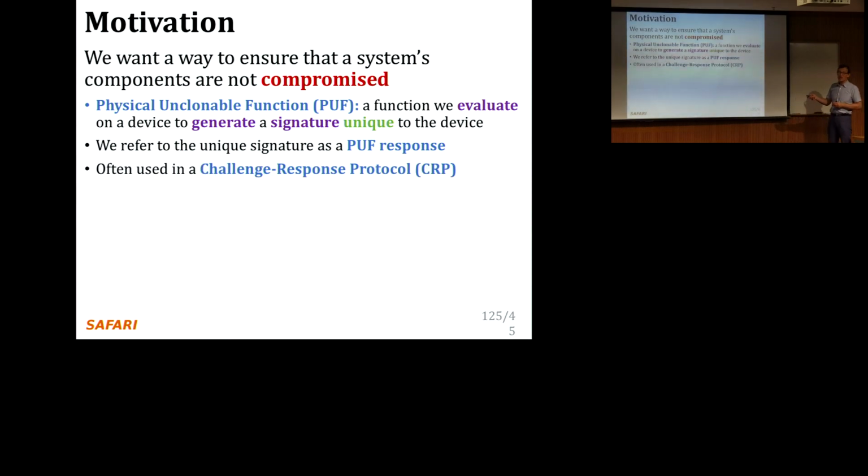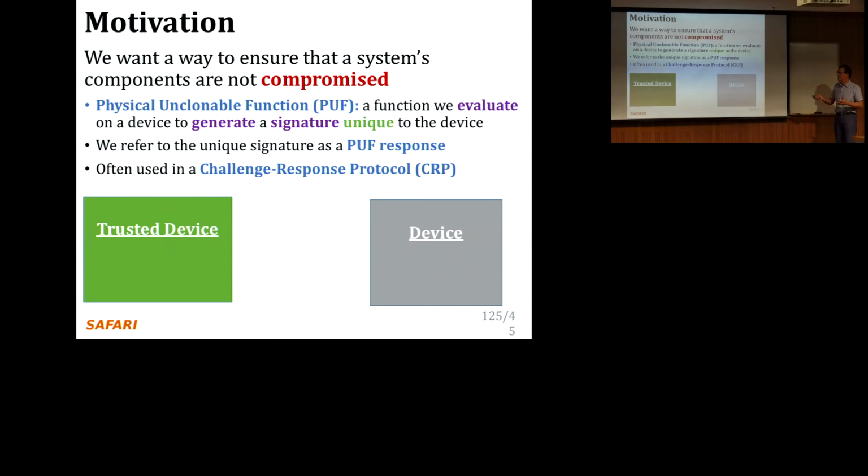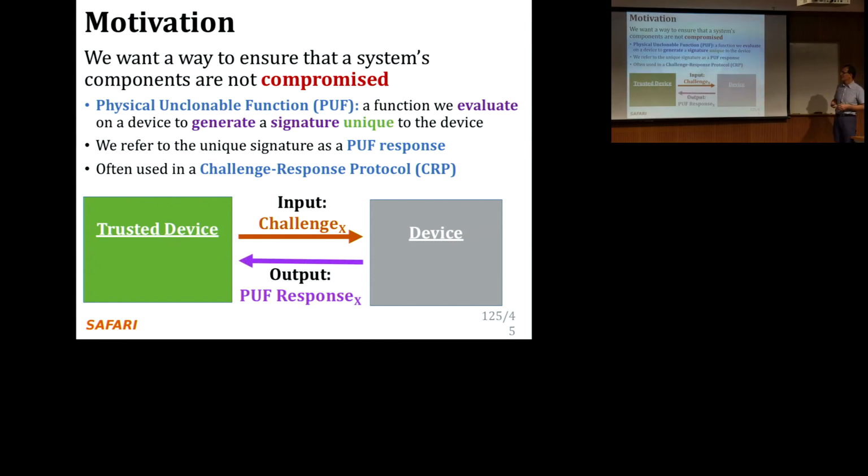It's often used in a challenge response protocol, CRP. And it usually works like this. You have a trusted device that wants to authenticate some other remote device, let's say, to start a communication. So it basically challenges the device with some input X. And the device evaluates a physical unclonable function and gives the response corresponding to X. And the trusted device checks that response based on some earlier registered response, right?